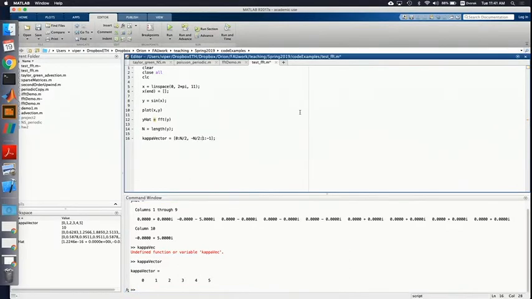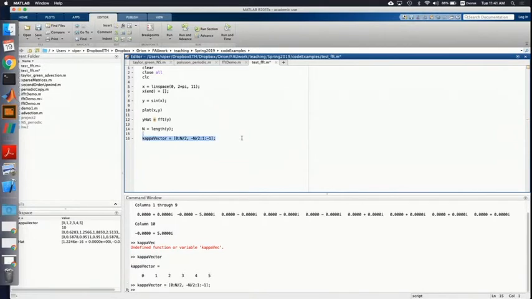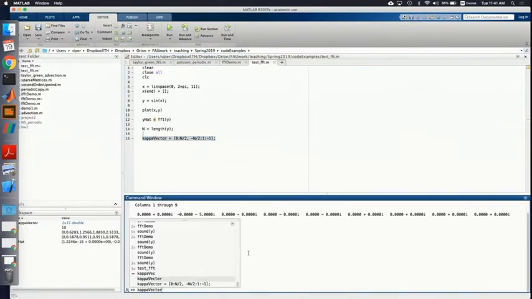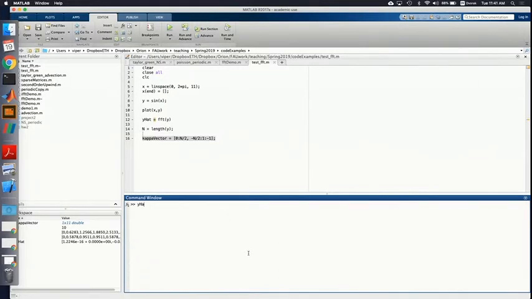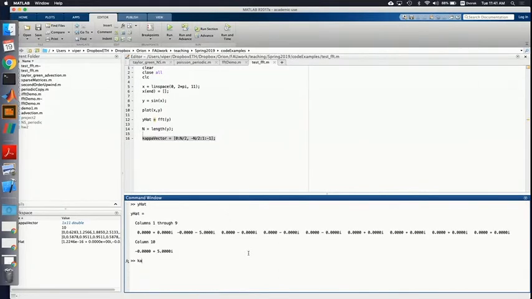Oh, yeah, the reason is it should be a plus. Okay, so let's look at y hat again. Y hat is that, and kappa vector is that. Okay, perfect. So kappa equals 0, f hat should be 0. That's true. Kappa equal 1, f hat should be some value.